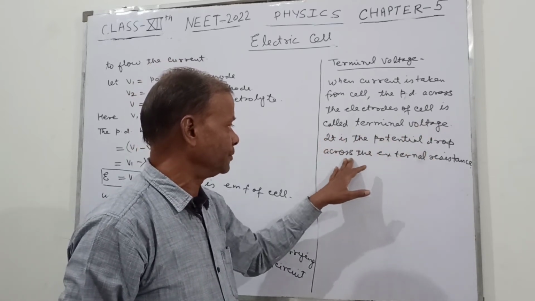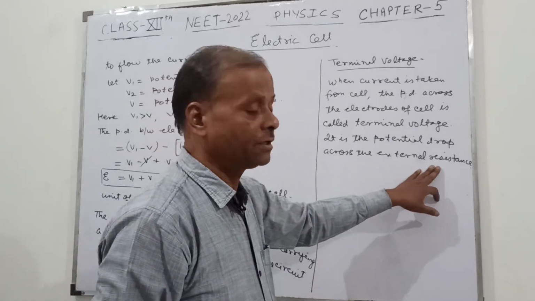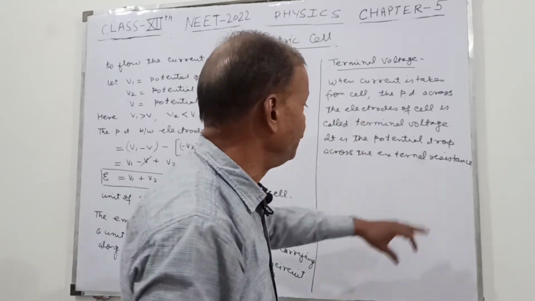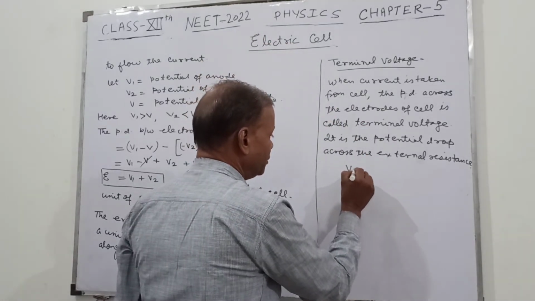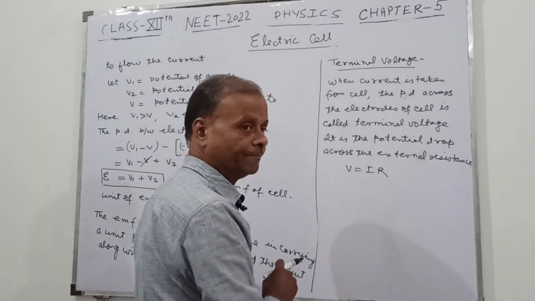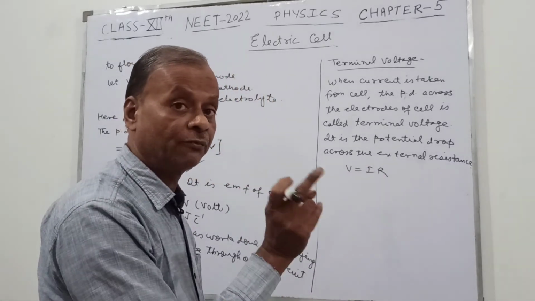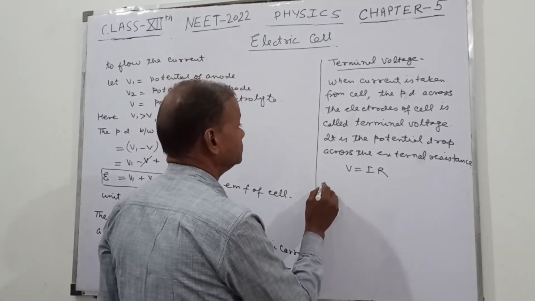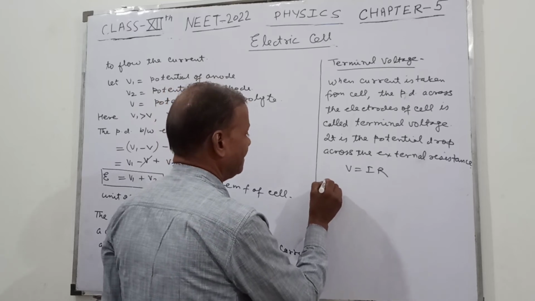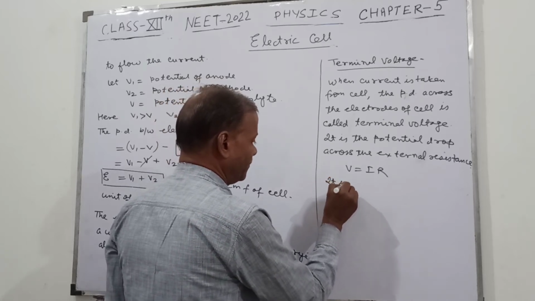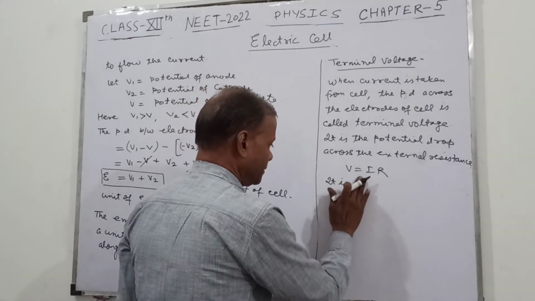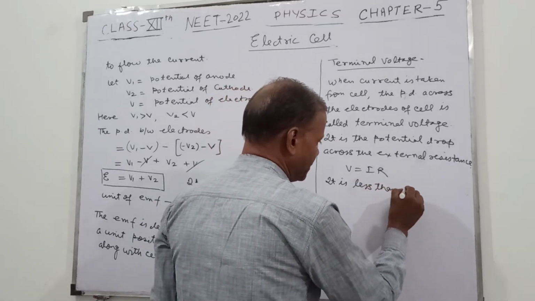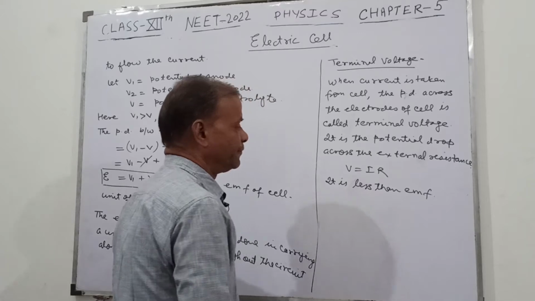It is the potential drop across the external resistance. तो मैंने अभी आपको सर्किट दिखाया था, उसमें एक्सटर्नल रेजिस्टेंस R लगा हुआ था, तो ये V इक्वल टू क्या होता है? V equal to IR, and this V is less than the EMF.